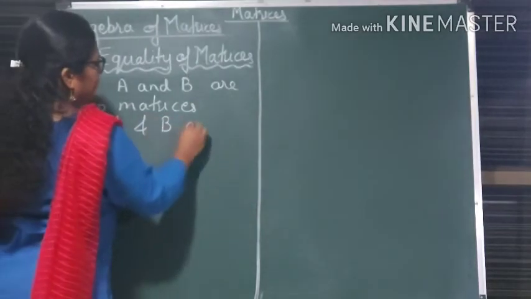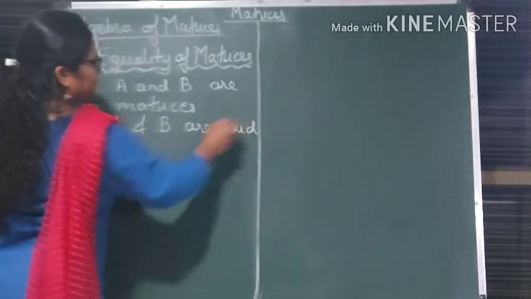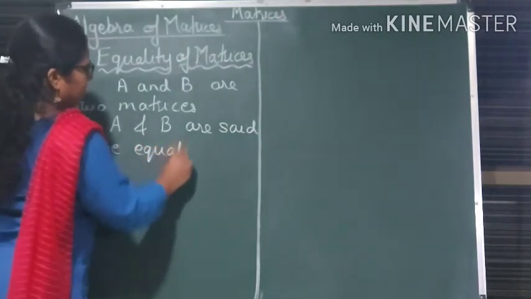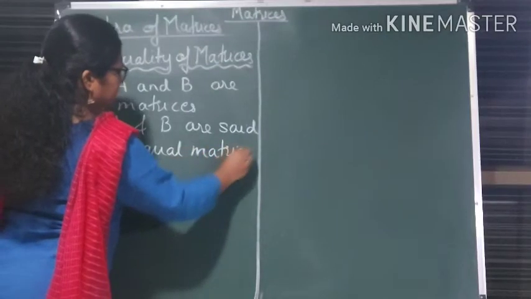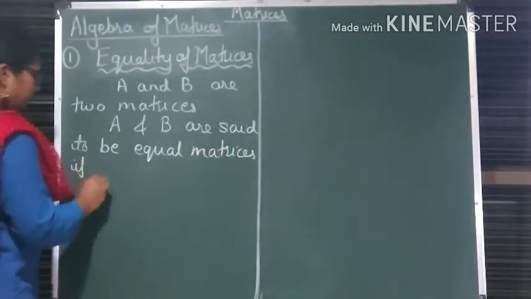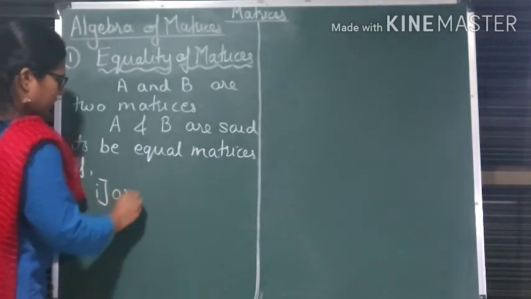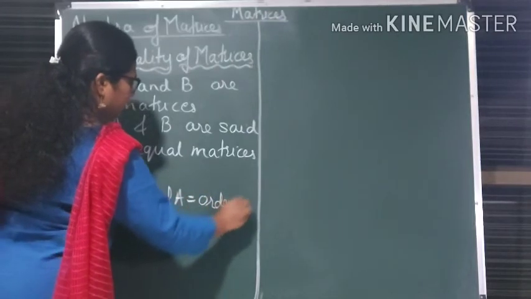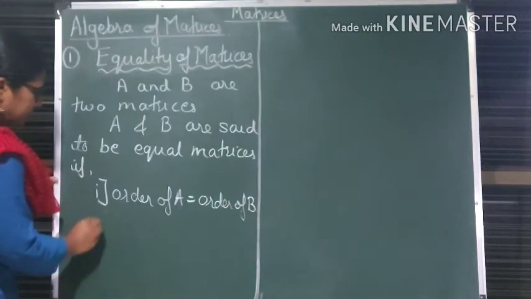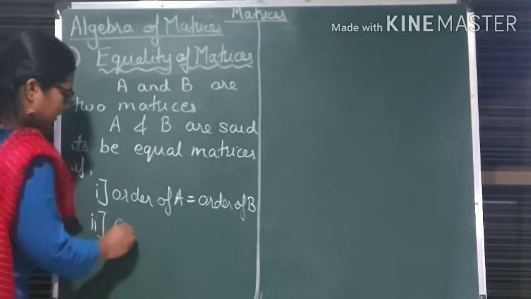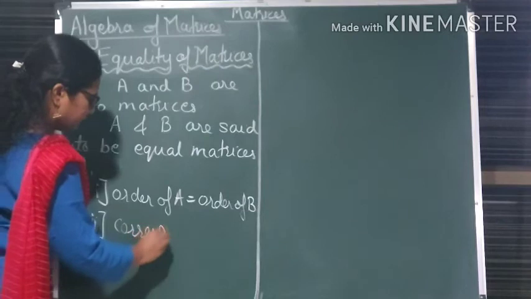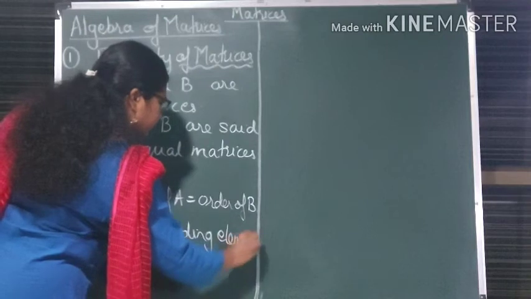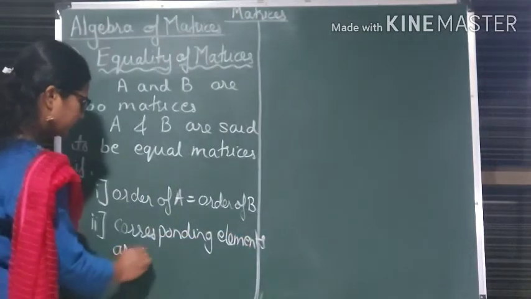A and B are said to be equal matrices if, first thing, order of A is equal to order of B, and second thing, corresponding elements are the same.